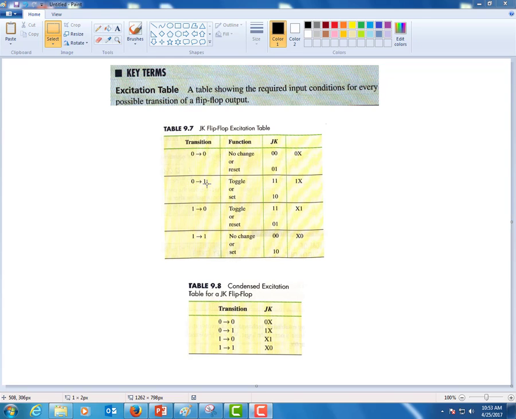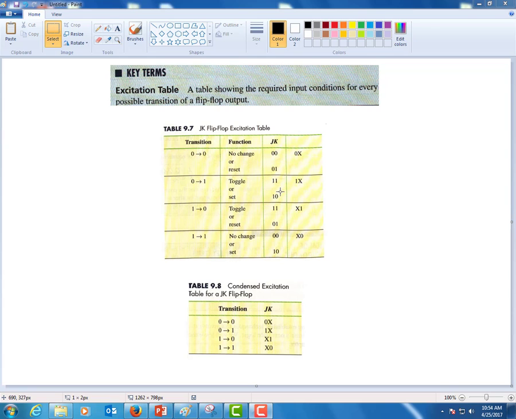Now if you look at the next example, if Q is 0 and you want it to be a 1, well, you need to either toggle the flip-flop or you need to set it. Well, in the toggle state, J and K are 1, 1. In the set state, J and K are 1, 0. So in this example, the J has to be a 1, but K can be either 1 or 0.